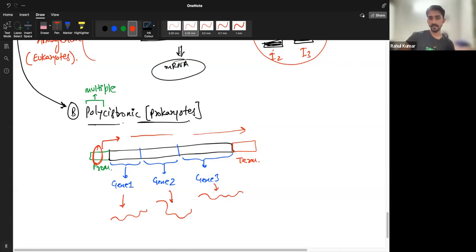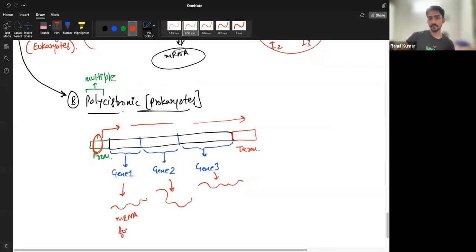Do you understand? Is it clear, everyone? This is a polycistronic arrangement. Now here there is no split gene complexity.